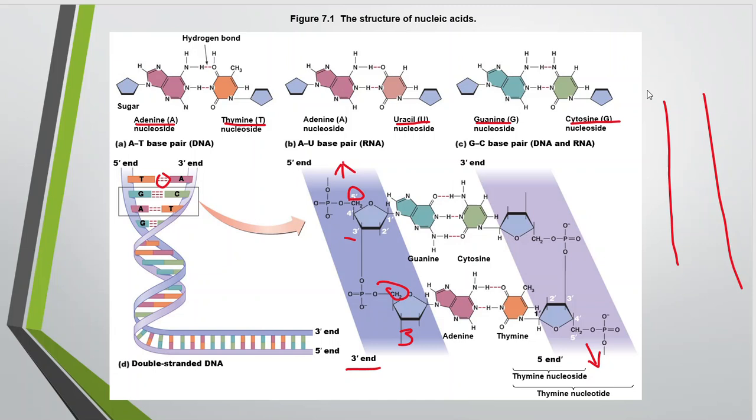Now, if it's 5' here, then it will be opposite on the other strand. That's just the way it works. So that's why the 5 and the 3 are so important. And everything that this enzyme does, it does in this direction, 5 to 3.